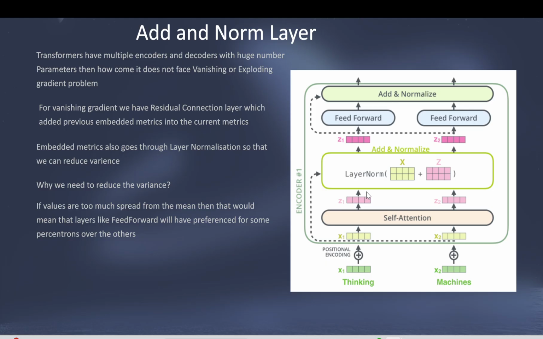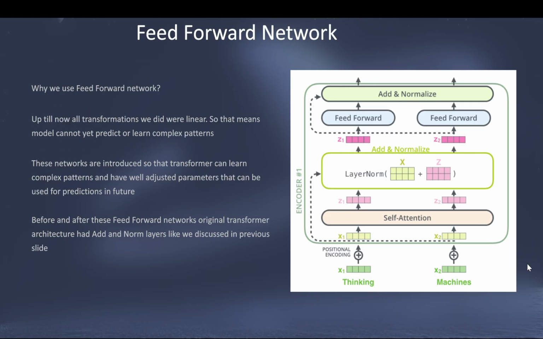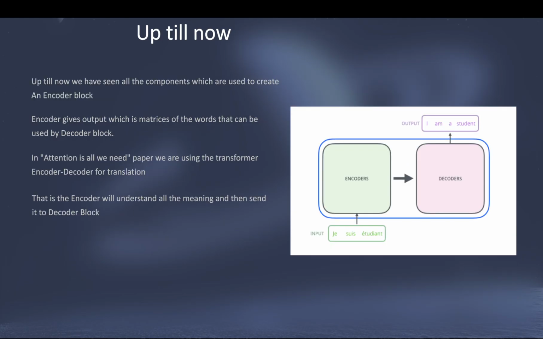So this normalization is our small EDA before sending it to the feed forward neural network. And the feed forward neural network is just a bunch of hidden layers. It has parameters that will learn through basic forward and backward propagation, and then we train the parameters so that it can give an output based on the trained parameters.